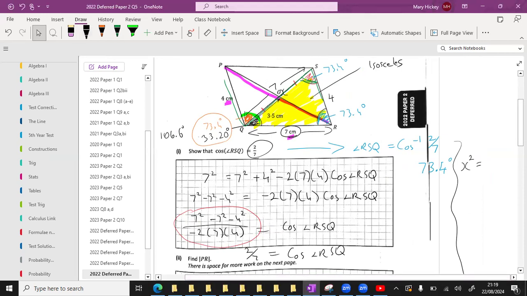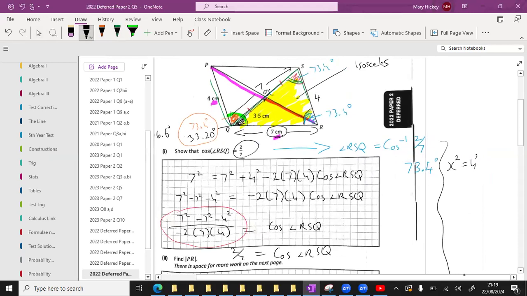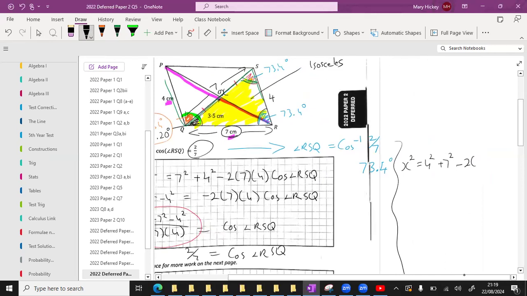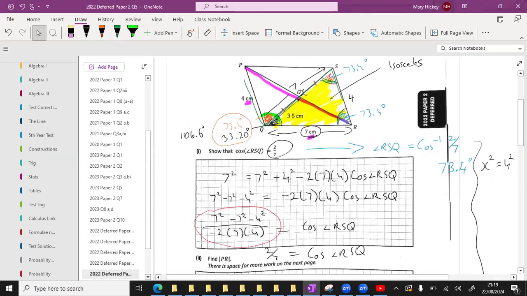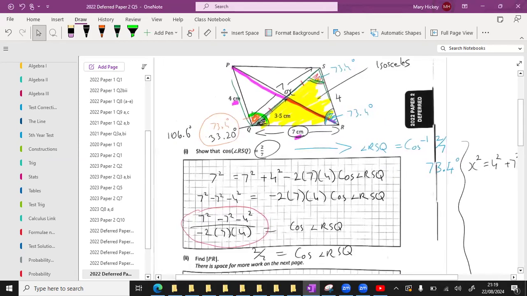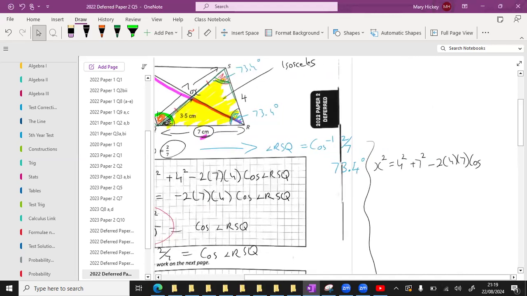Now, I let that equal the other two sides, which is 4 squared plus 7 squared minus twice the 4 and the 7, and then the cos of the angle opposite the missing side. So I've just found out that that's 106.6 degrees.